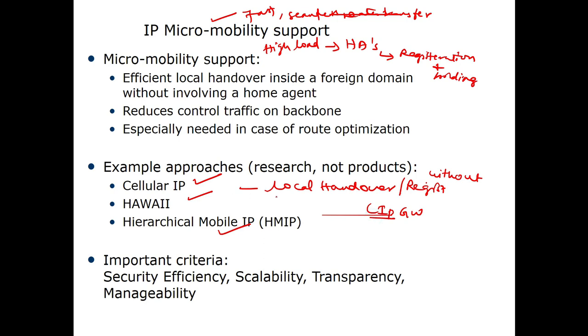The cellular IP gateway sends the data packets from different mobile nodes. For example, we have one mobile node here, another here, and another here: MN1, MN2, and MN3.